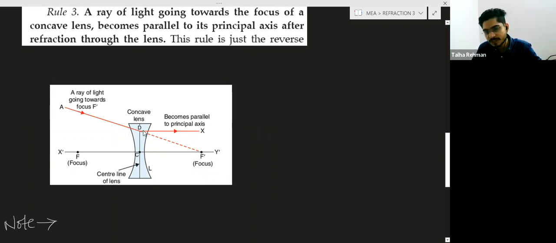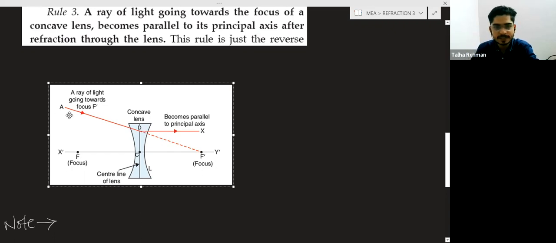When you produce this ray, the actual direction of the ray is this: it comes like this, and after refraction it goes like this in actual. But when you produce it, it appears that this ray is going toward the focus, and it becomes parallel to the principal axis after refraction through the lens.